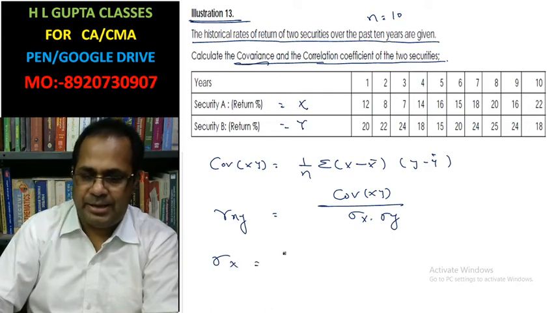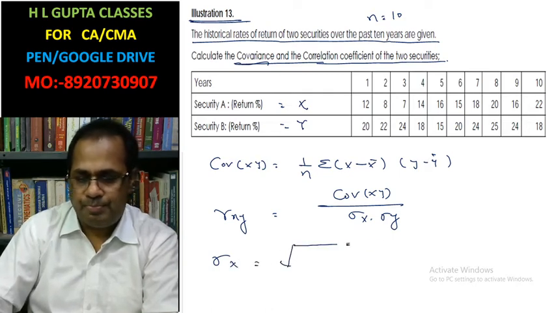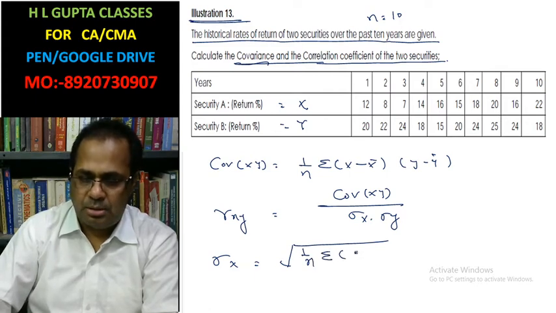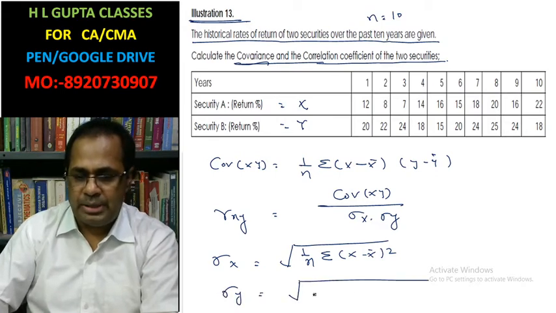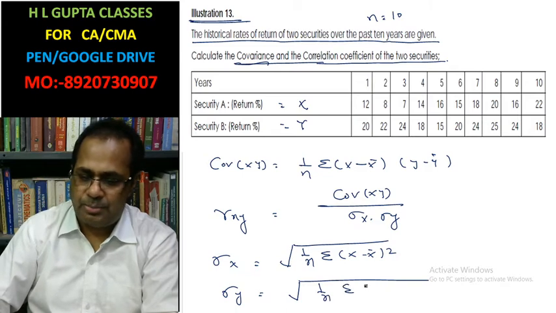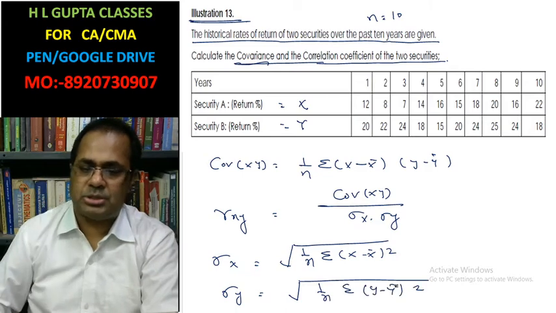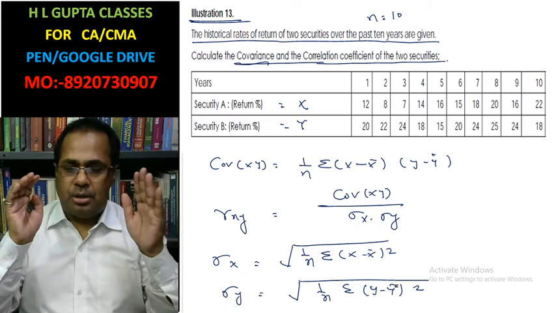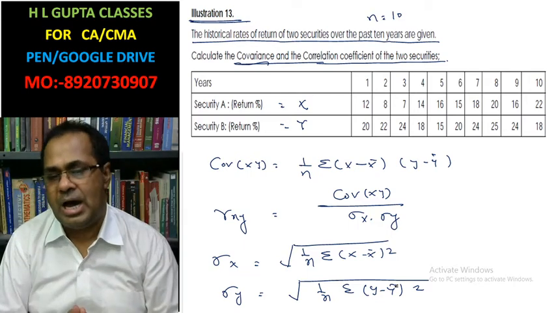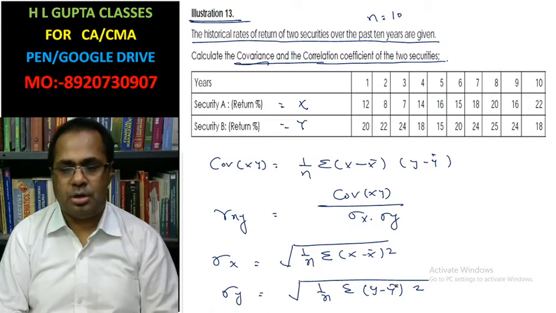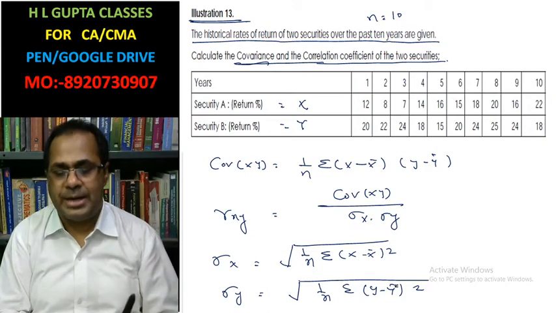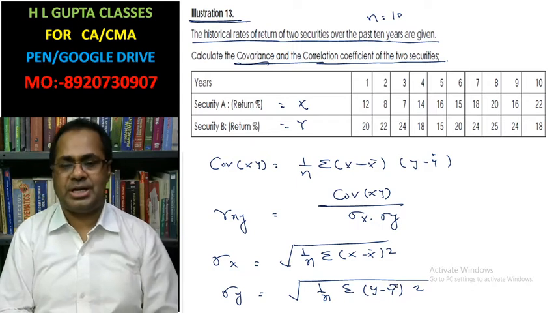Standard deviation x is root under 1 upon n summation (x minus x bar) whole square. Exactly the same, standard deviation y is calculated as 1 upon n summation (y minus y bar) whole square. These formulas have been taught from class 10 to calculate standard deviation, covariance and correlation.